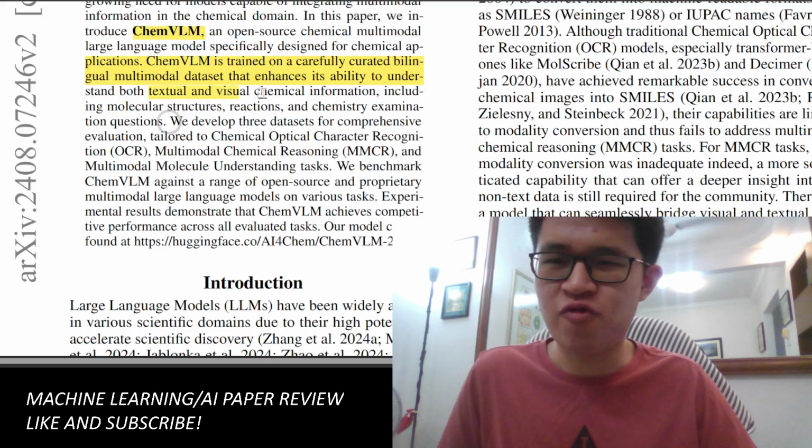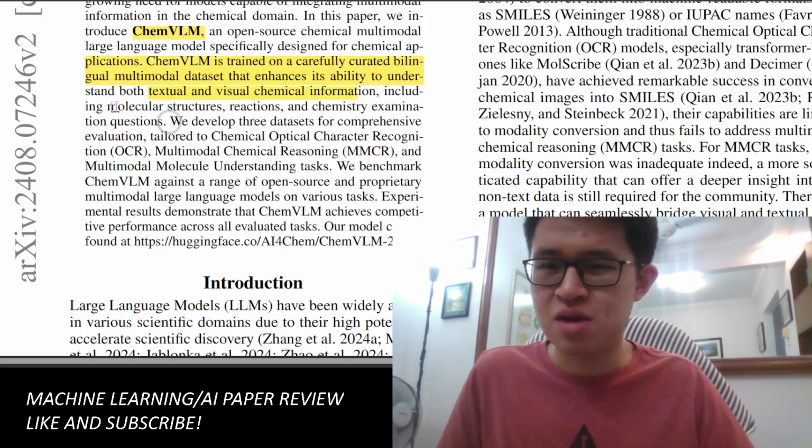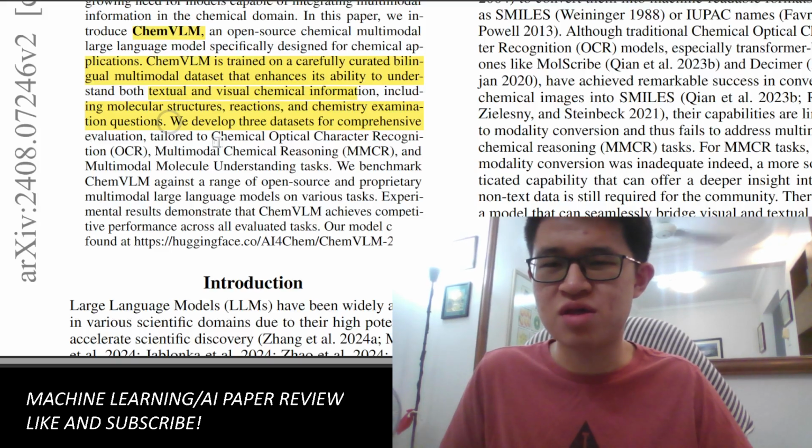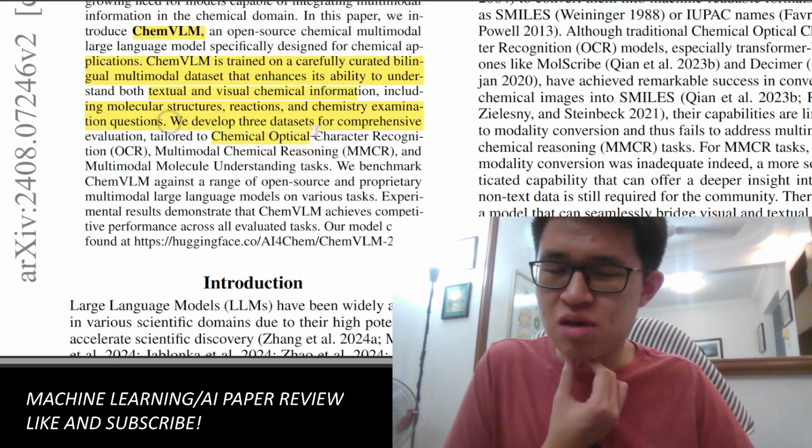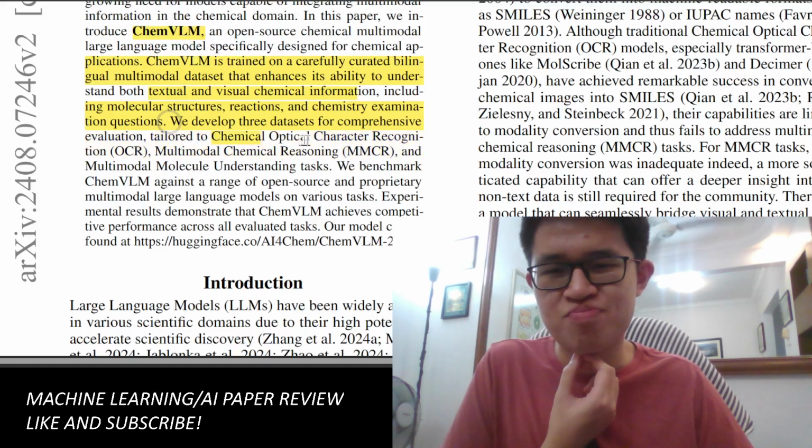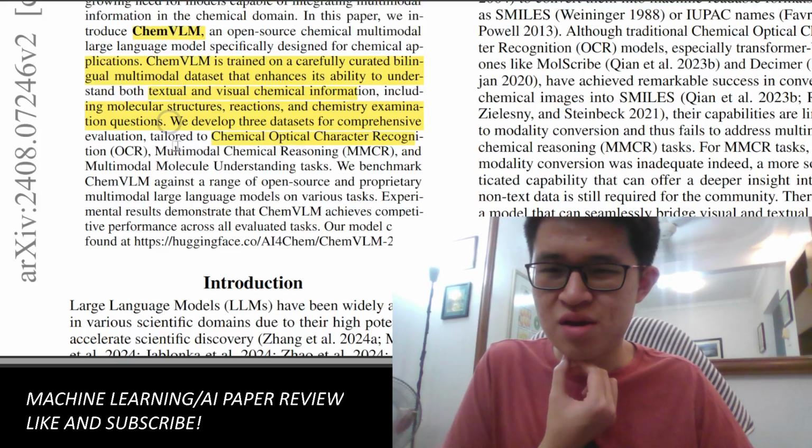Okay, it stands for both visual and textual chemistry information. So molecular structures, reactions, chemistry questions, and we developed three datasets for comprehensive evaluation: chemical optical character recognition, or OCR, chemical reasoning, and molecule understanding.